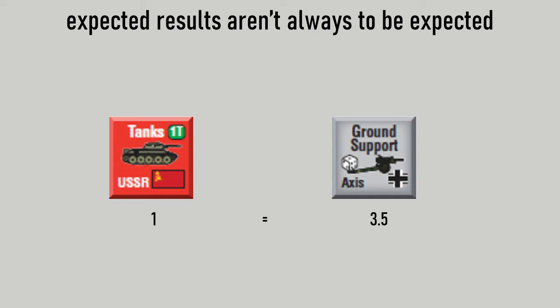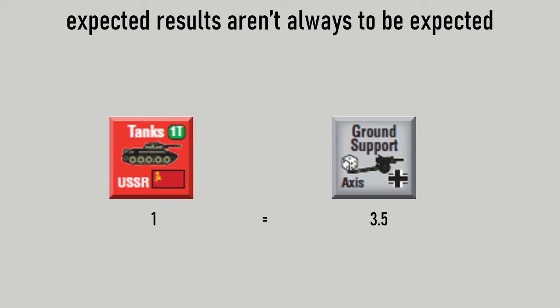A tank marker comes back on the next turn. You get to use one every turn. A ground support marker comes back 1d6 turns later. The average result of a 1d6 is 3.5, so we expect to get a ground support marker every 3.5 turns. In other words, if they were otherwise equal, a tank marker is worth about 3.5 ground support markers. At least that's the expected result.